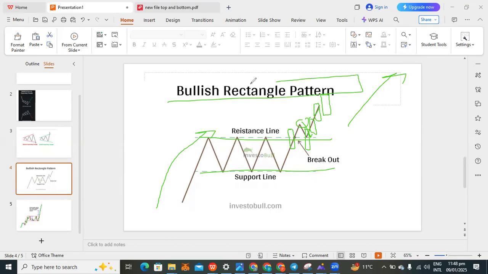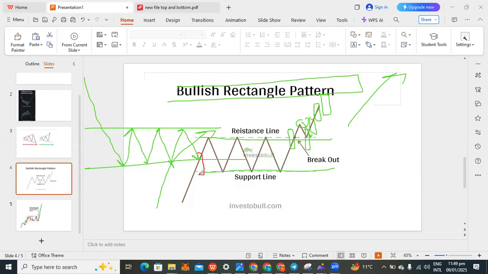Now, there's also a bearish rectangle pattern which works the same way, where the price will oscillate. It will be coming down, right? And then it will find this support over here. Then it will go back up at the resistance, go back down at the support, and so on, and then gives us a breakout from the support.